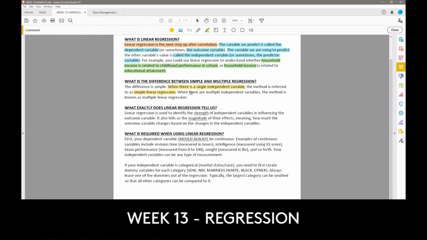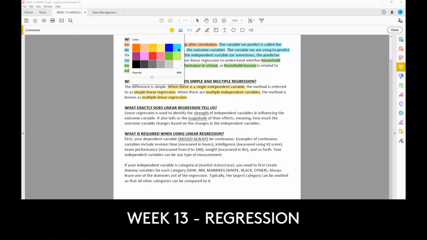When you are using more than one independent variable to look at an outcome variable, that's what we call multiple linear regression. Multiple linear regression uses more than one independent variable. Simple linear regression uses one independent variable.